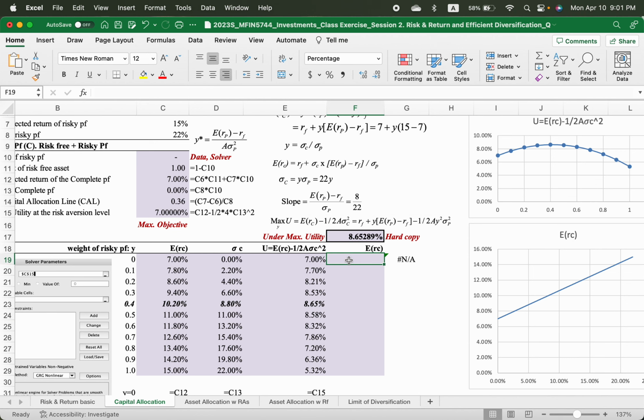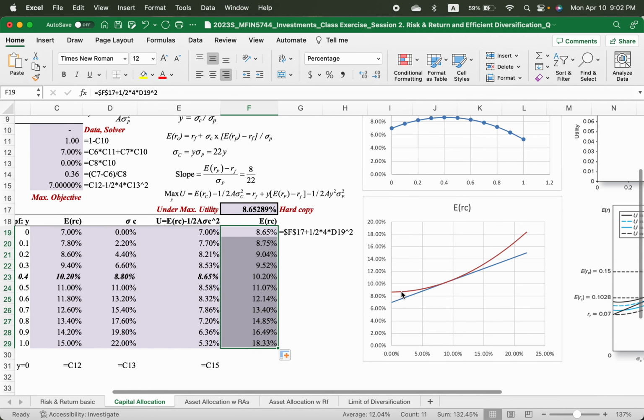So how do we get it? Now we want to fix F4, plus 1 divided by 2 times 4 times this variance to the power of 2. Enter. And let's drag it down.